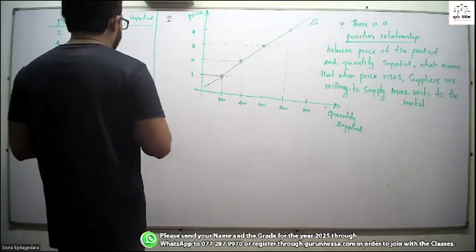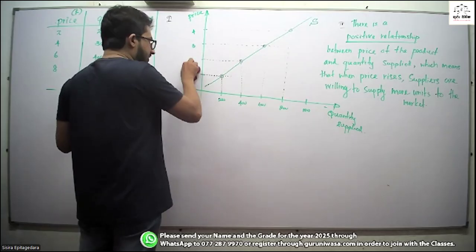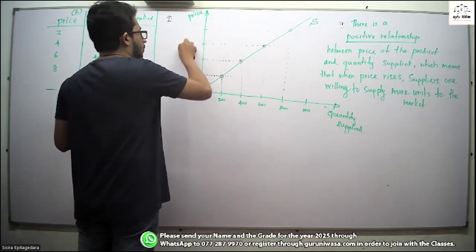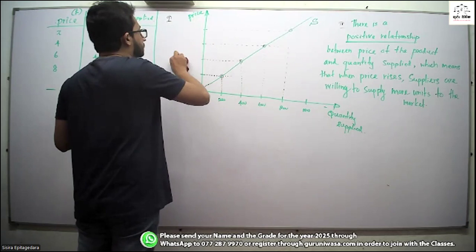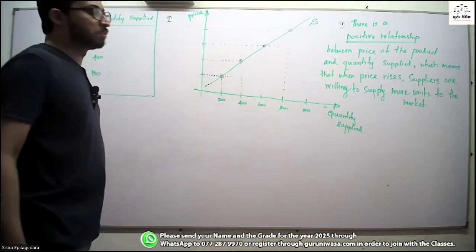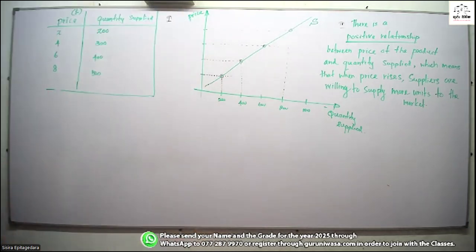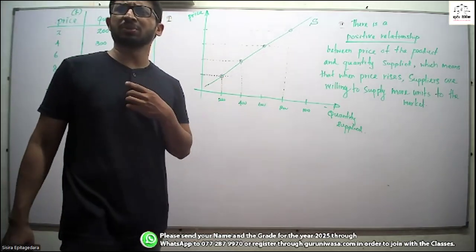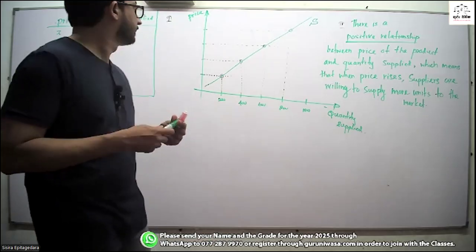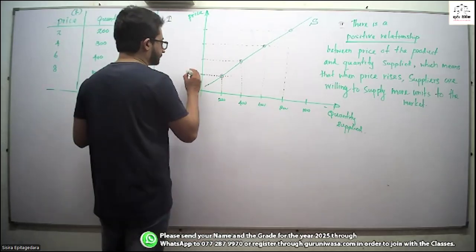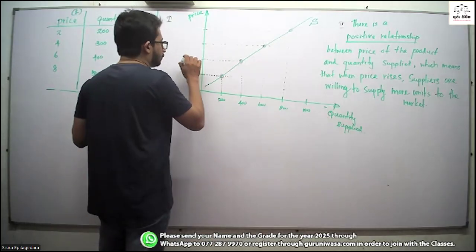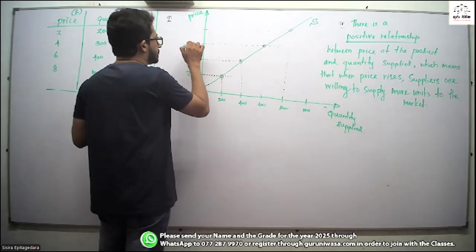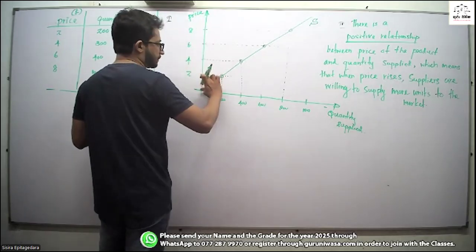So gap is 2 rupees between two prices. So you can mark price axis 2 by 2, no issue. If you want, you can take it like 1 by 1, but taking 2 by 2 is easy, right? Simple. Right. 2, 4, 6, 8. Dinal, this gap should be equal.